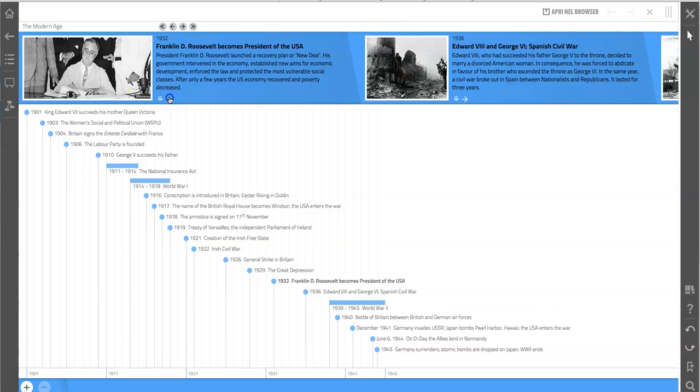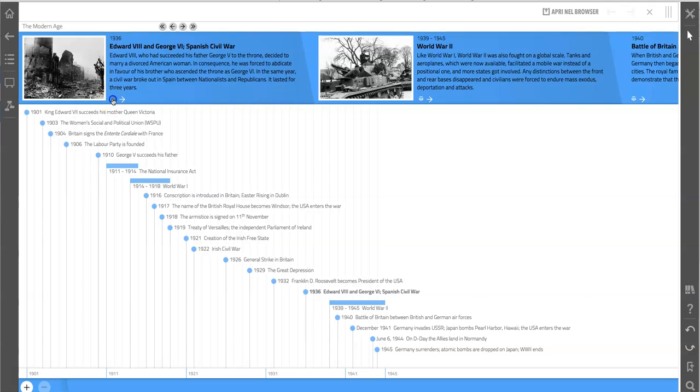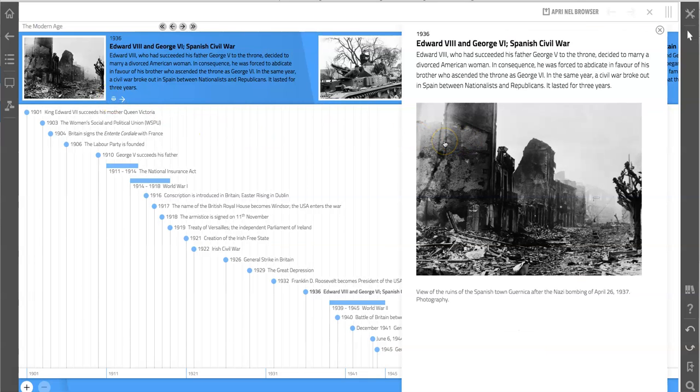The next event we're going to explore is Edward VIII, the new king of England. He succeeded his father George V to the throne. He decided to marry a divorced American woman, and this event had a consequence because he was forced to abdicate in favor of his brother, who became king as George VI.